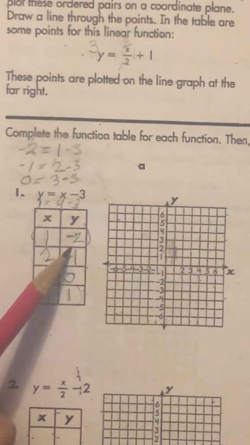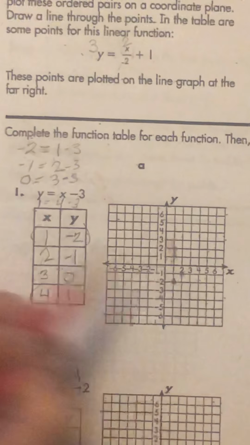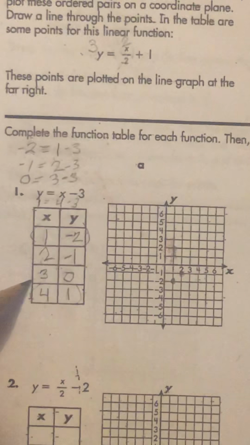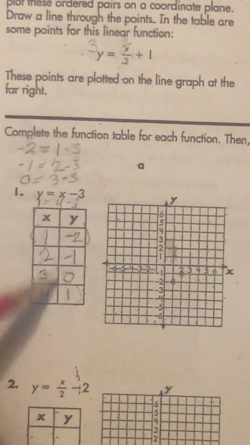Then I have x is 2, y is negative 1. Go over to positive 2 on the x value and down to negative 1 on the y-axis. There's your point. When x is 3, y is 0. Going all the way over to x is 3, y is 0. And the last one, x is 4, y is 1.